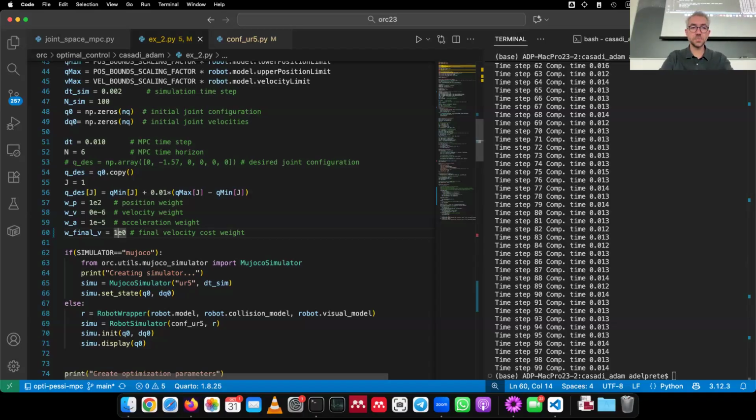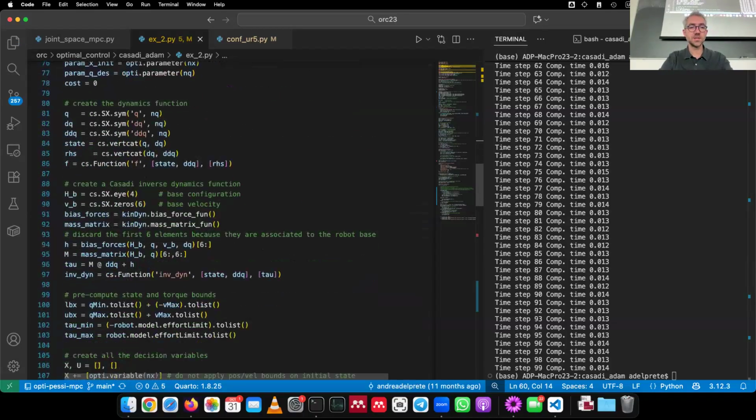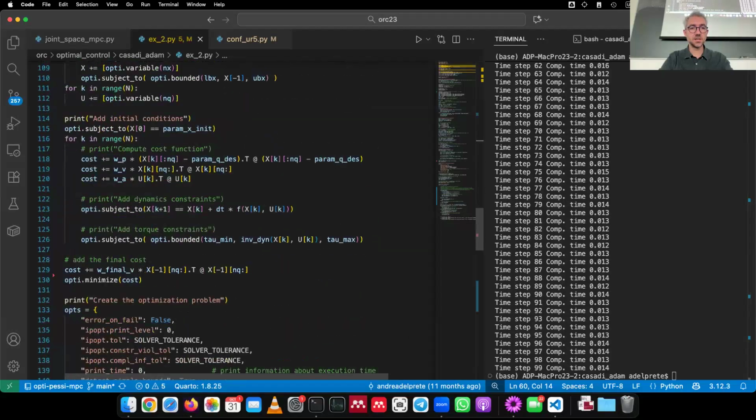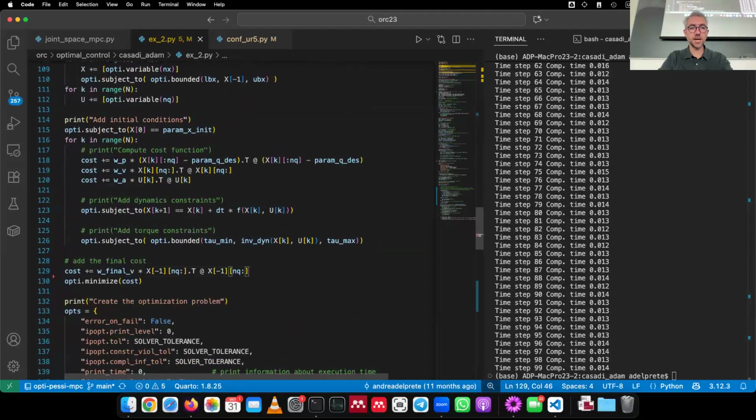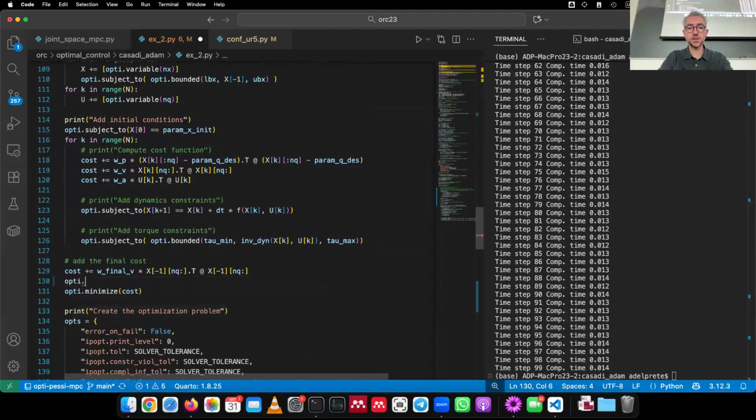So we set this back to 0. And here where I create the problem, I can add a terminal constraint. So opti.subject_to x minus 1. So that in that way I take the last state of the horizon.